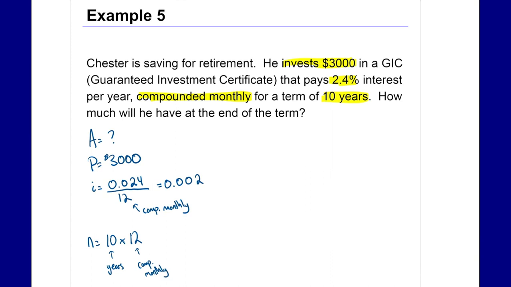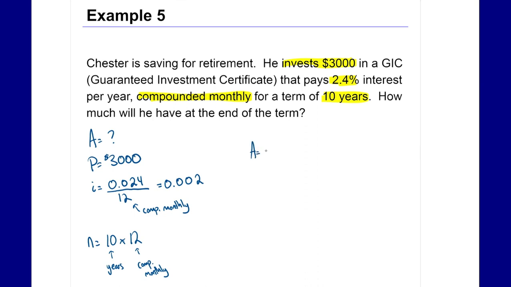So in this scenario, if it was a different compounding period, semi-annually, twice a year, weekly, 52 times a year, daily, bi-weekly, so every other week, you would change the compounding period based on that value. So you do have to look for the compounding period in some of these questions.